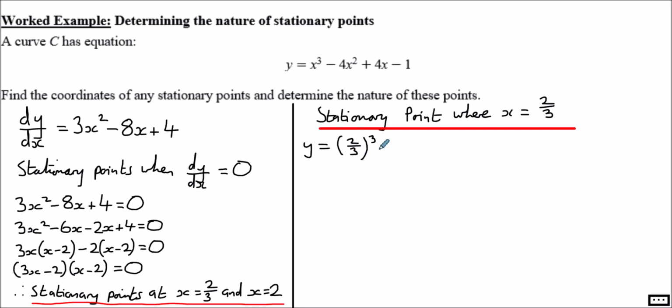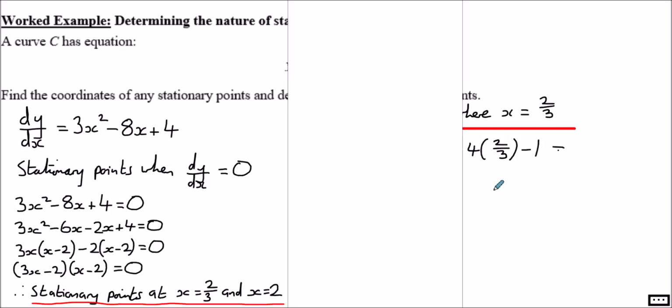cubed minus 4 lots of (2/3) squared plus 4 lots of 2/3 minus 1.